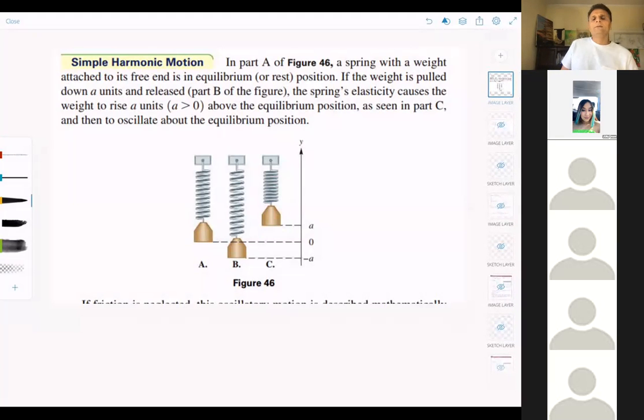So the idea is, for example, if this is a spring, if I put a weight here and pull the weight down and let it go.